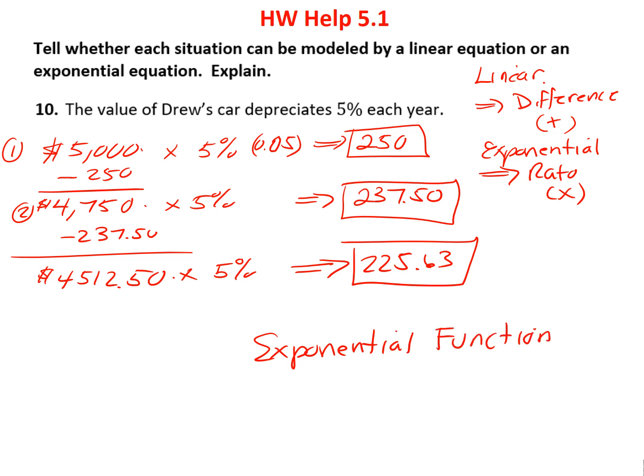Another way to look at this, instead of subtracting 5%, think of it as multiplying by 95%. In other words, if you look at my example here, each time we're multiplying by 0.95. And so that's our exponential, that's our common ratio, 0.95.